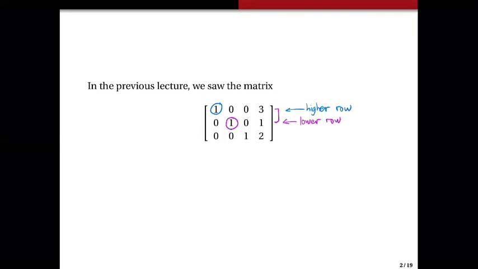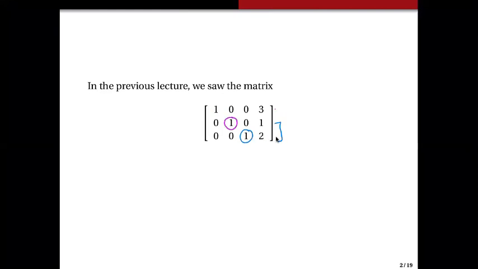Now, let us consider these two rows here, the second row and the third row. The leading one in the third row is this. The leading one in the second row is this.